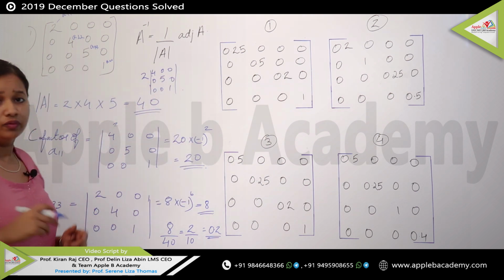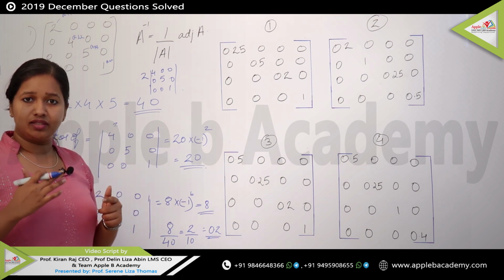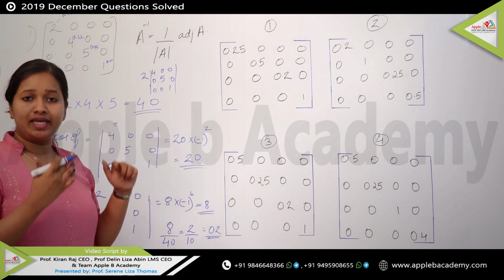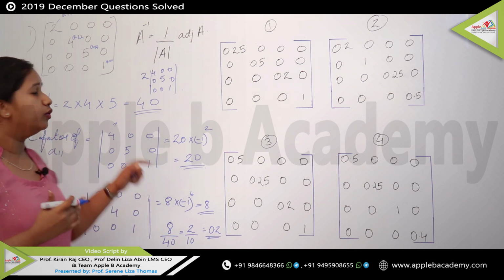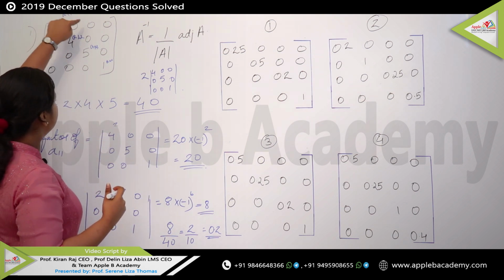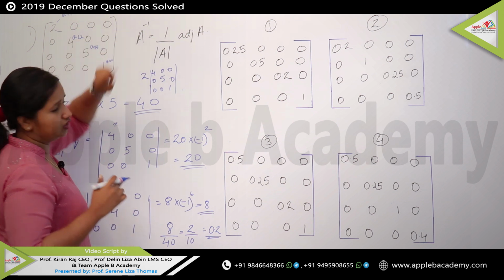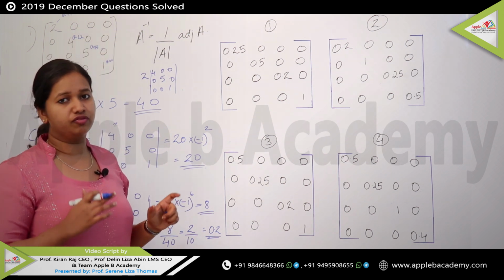Now we need to alternate the signs of the elements. If here it is positive, then negative, positive, negative, the usual way of finding the determinant of a matrix.